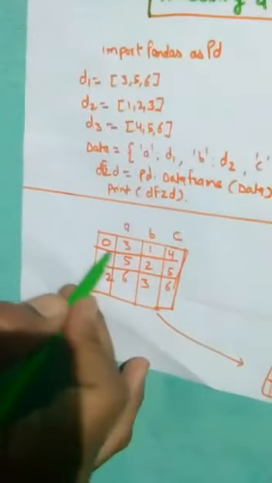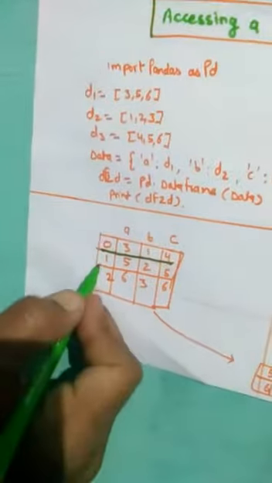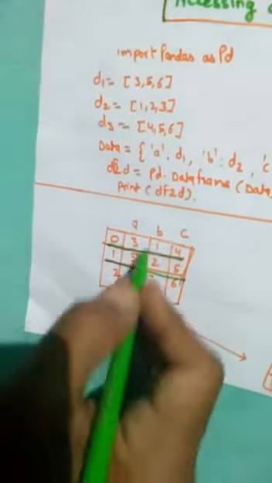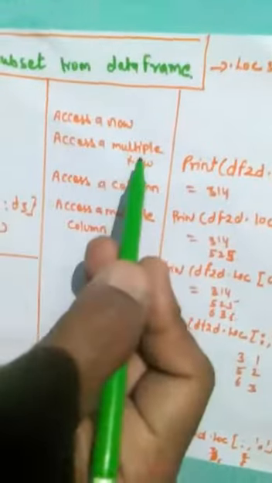Now suppose we have to access a single row, this row we have to access, or this row, or this column, or this column, or a complete row, or a complete column we have to access. For that, accessing a row, accessing multiple rows, suppose I have accessed this row and the 0th row, or we have first row, second row, A column, B column, C column.